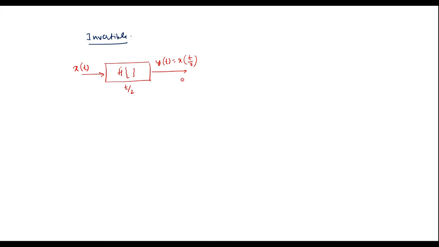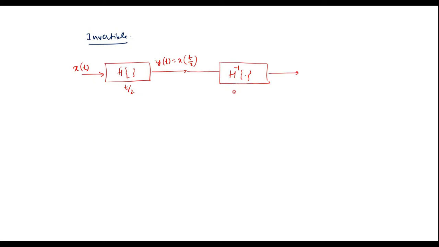Now I should use another system such that if I apply this input to that system, the output should produce back the same input, that is x of t. So now I will try to pass this through another system. That system I will call the inverse system. I will represent it as H inverse. If I pass this input through this system, I should get back the same signal x of t.